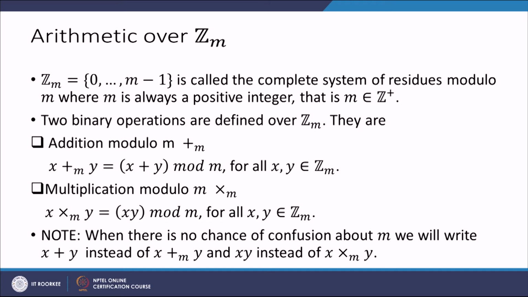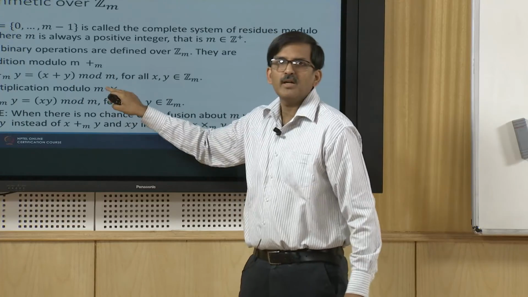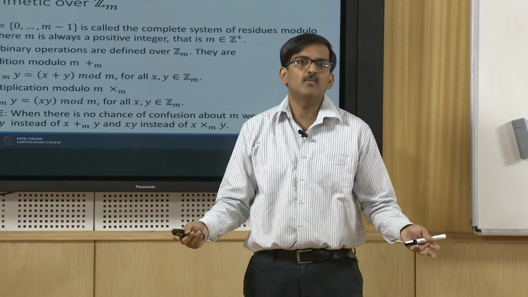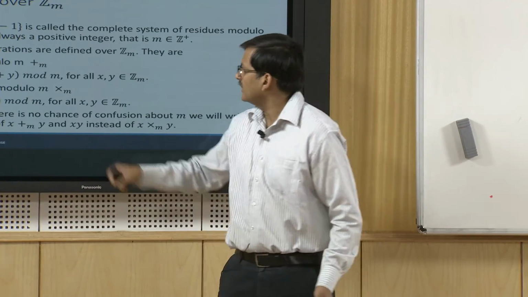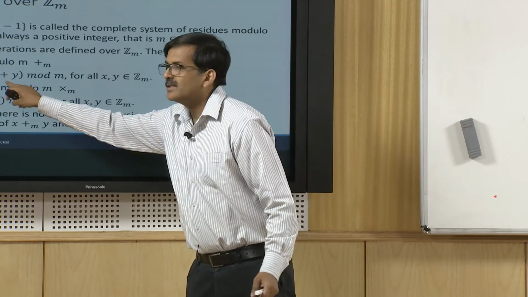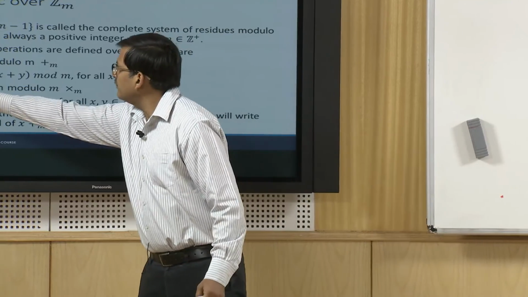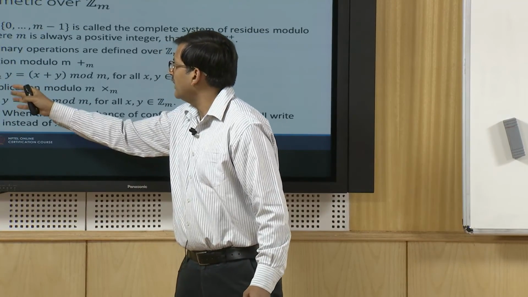So I am writing a plus, I am tagging it by m. So I can write x plus subscript m y equal to x plus y mod m. I now know what is x plus y mod m. Just take the addition, divide by m, take the remainder. Once I do this, I call this result sum modulo m or addition modulo m.